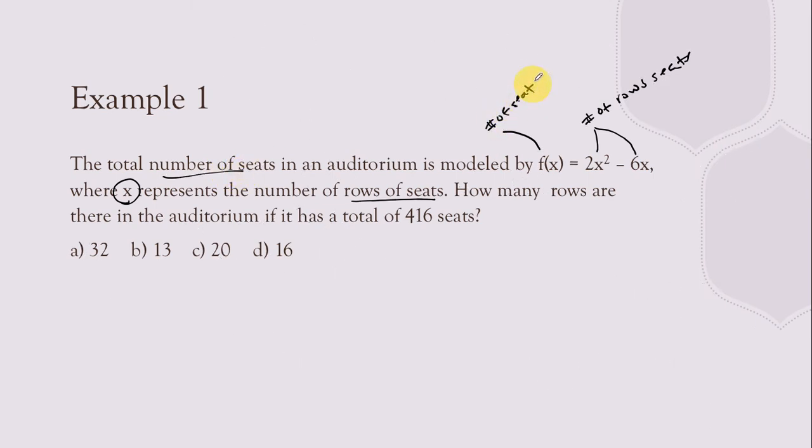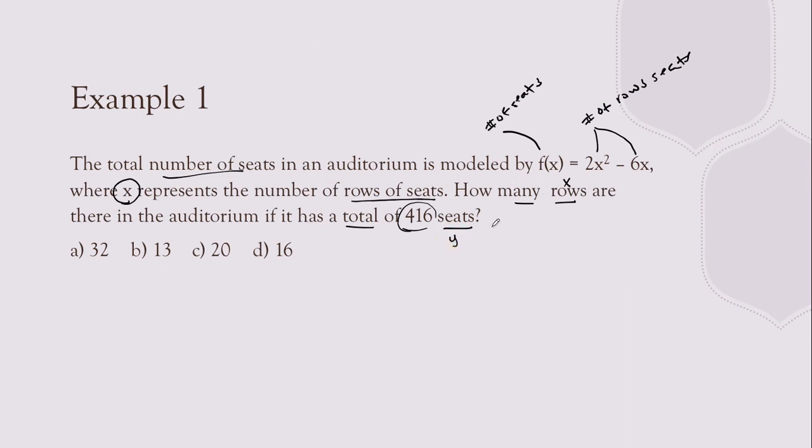So x represents the rows, y represents the number of seats. How many rows, so I'm looking for x, are there in the auditorium if it has a total of 416 seats? What does seats represent?